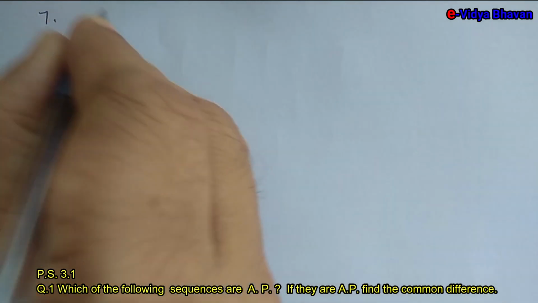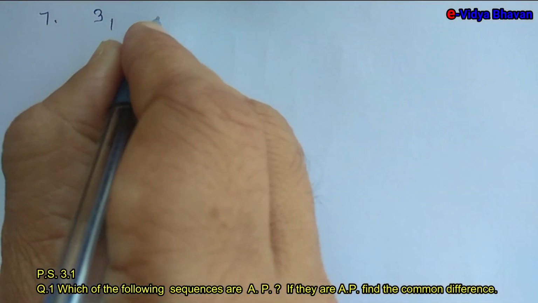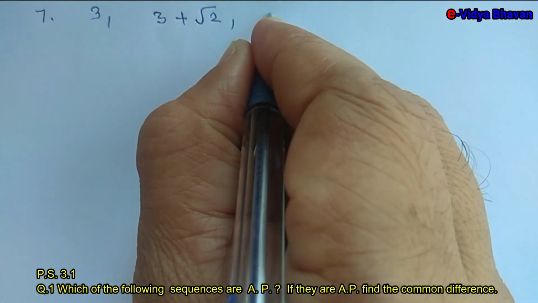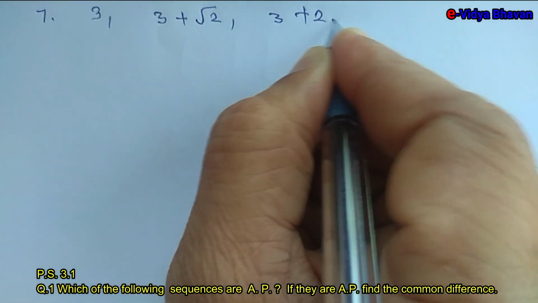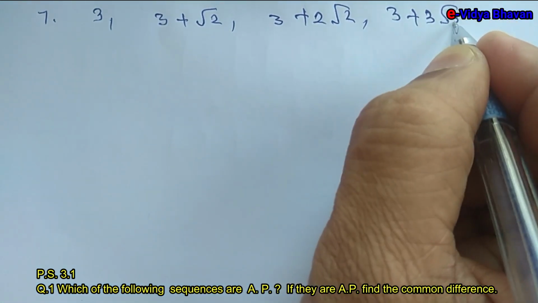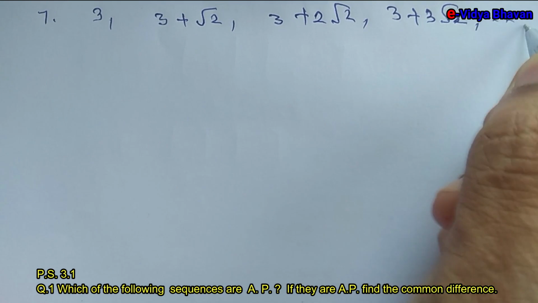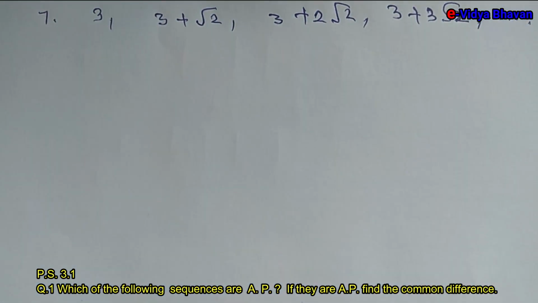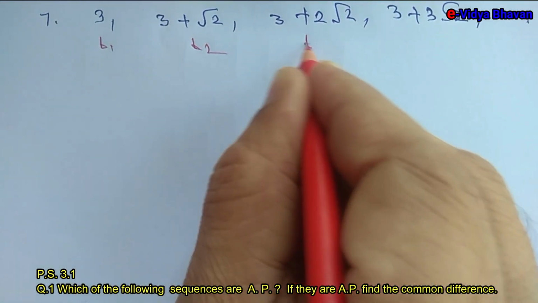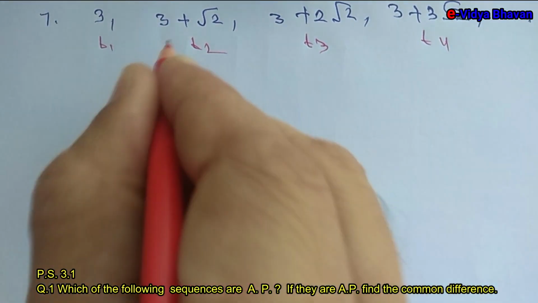Now next problem, we'll take up the 7th problem. 3 plus root 2, 3 plus 2 root 2, 3 plus 3 root 2, and so on. Let us term them T1, T2, T3, T4.